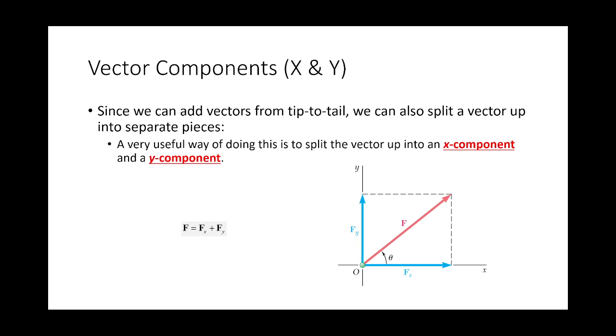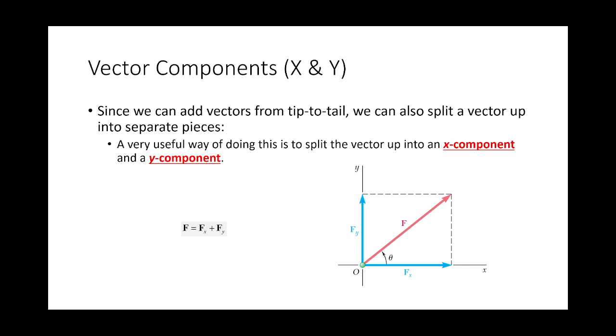Since we can add vectors tip to tail, I want to start looking at adding up a bunch of vectors beyond just 2, and I want to look at a natural way of doing this. To me, the simplest approach is to split vectors up into components that we all recognize. The most recognizable way of breaking apart a vector is to split it into its x and y components.